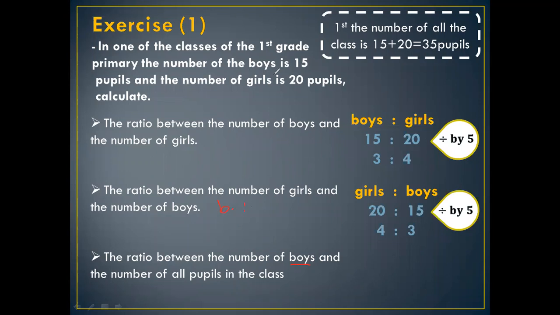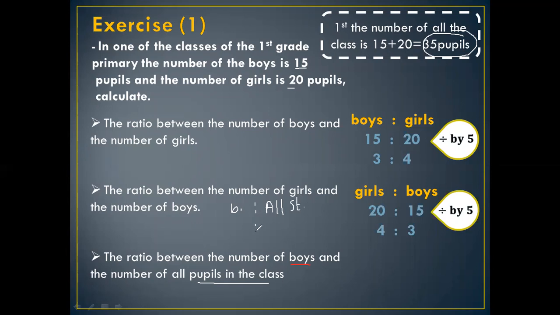To the number of girls, to the number of the people of the classes. What is the number of the students in the one class? It's 35. We get it here. So I make 15 plus 20 equal 35. So boys will be boys, 2, number of people of all students.